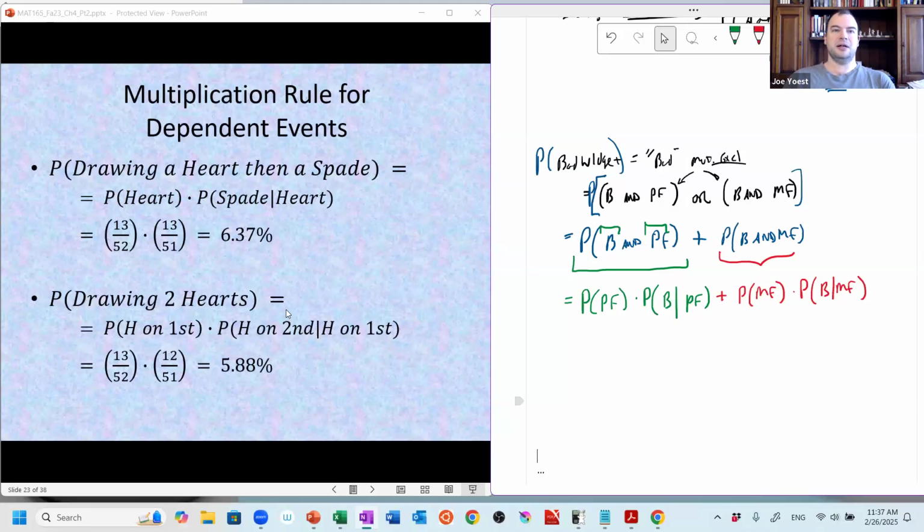And then if I draw a third heart, there's only 10 hearts left in the deck now. Each time I successfully draw one of the same suit, I drop the number of that suit in the deck by one, making it harder to draw yet another card of the same suit. But if I was just trying to draw cards of a bunch of different suits, if I draw a heart, then there's a whole bunch of spades and clubs and diamonds still in there.